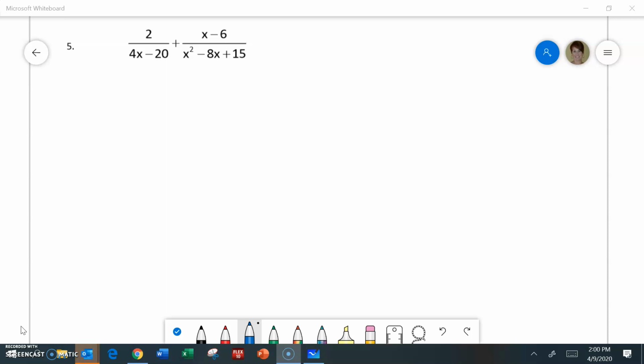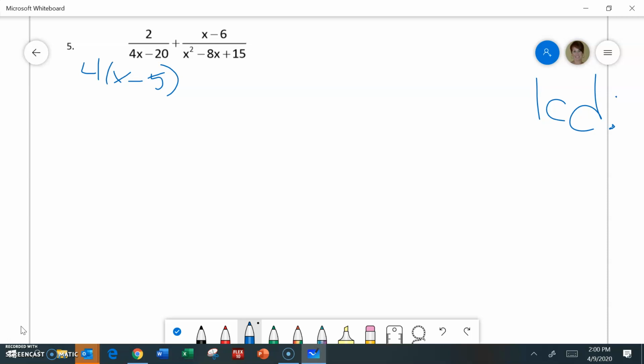Last one, number 5. This is very similar to what we just did an example for, where our denominators are a little funky. So finding our LCD, we need to put a little bit of work into this first. I'm going to take the two fractions and write the denominators in factored form. Instead of 4x minus 20, let's factor out a 4, and I'm left with x minus 5.